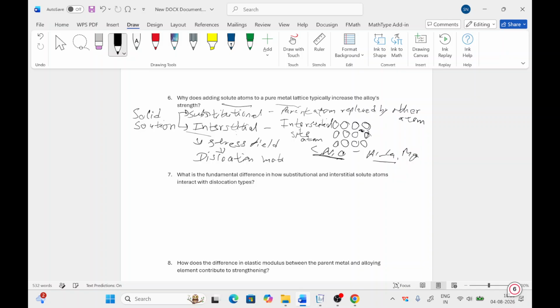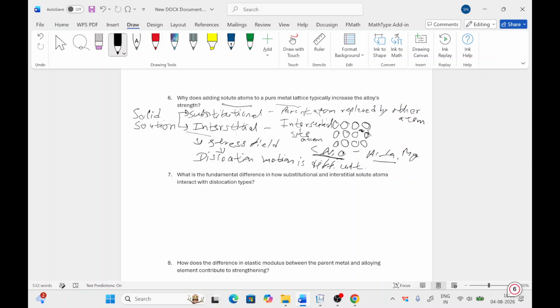So that's why the strength increases when we add solute atoms.